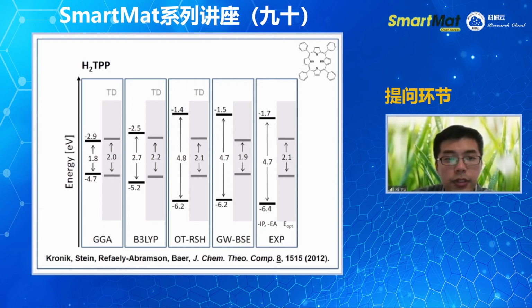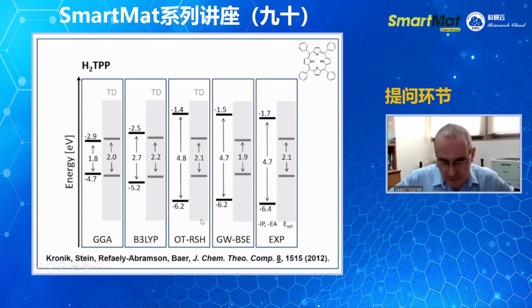OTSRSH method is applicable to all types of hybrid functional? Okay. So as I understand the question, does it have to be used with a range-separated hybrid? Well, I can divide the question maybe into two parts.